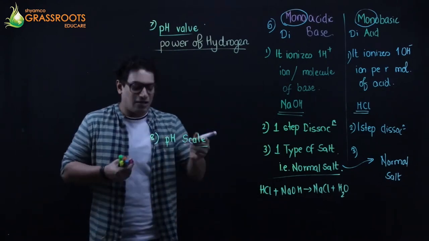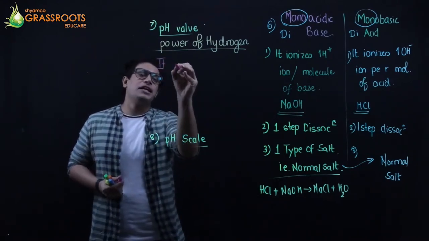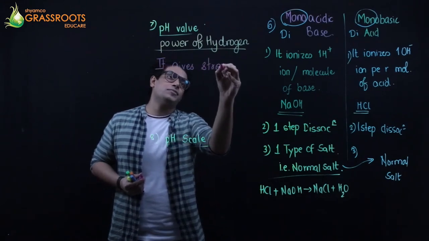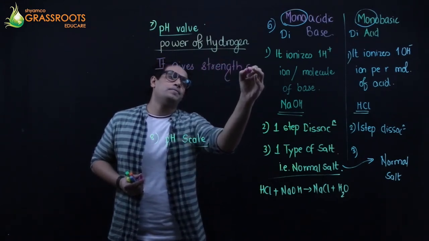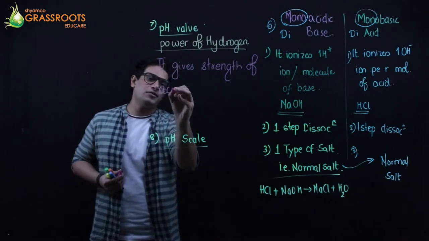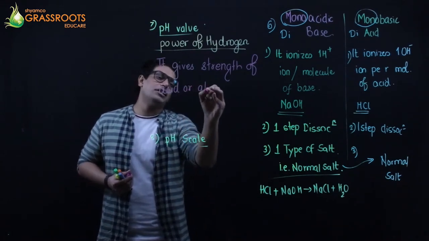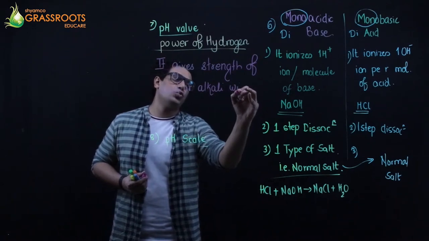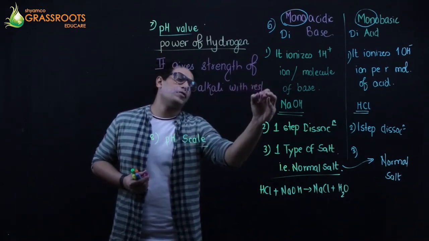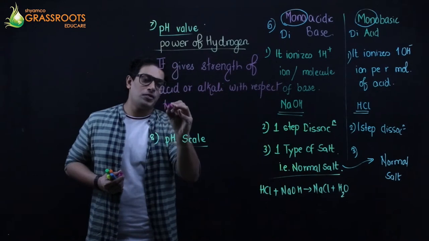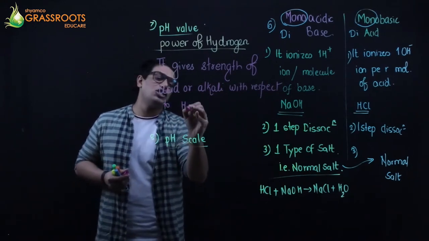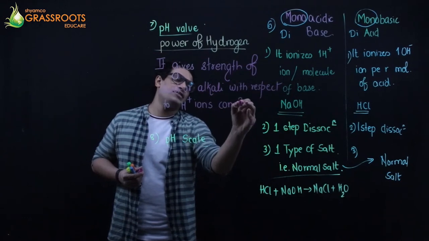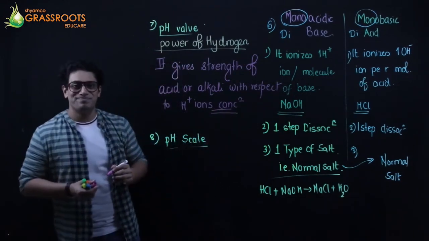So simple language में, it gives the strength of an acid or an alkali with respect to, with the help of H plus ions which are present in the solution.